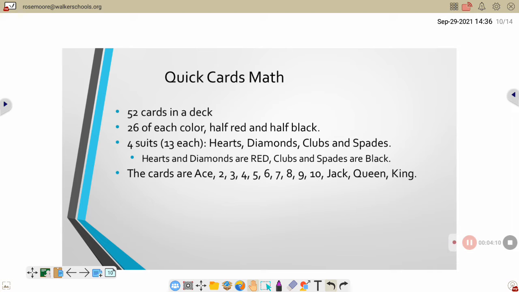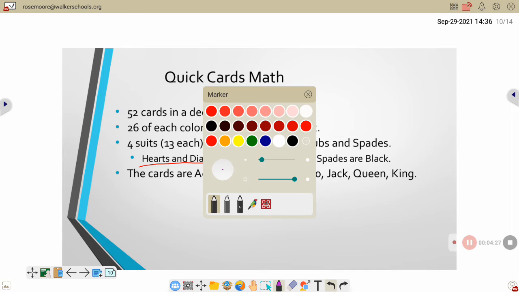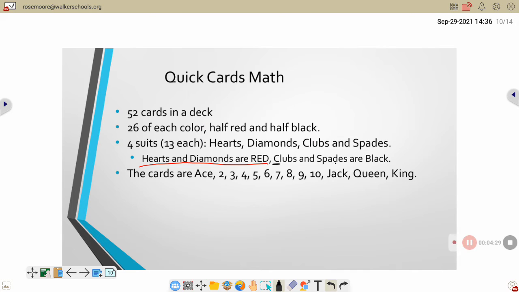There are 4 suits: hearts, diamonds, clubs, and spades. So that means there are 13 hearts, 13 diamonds, 13 clubs, and 13 spades in each deck. Hearts and diamonds, this is essential, are red. Clubs and spades are black. That is always true.